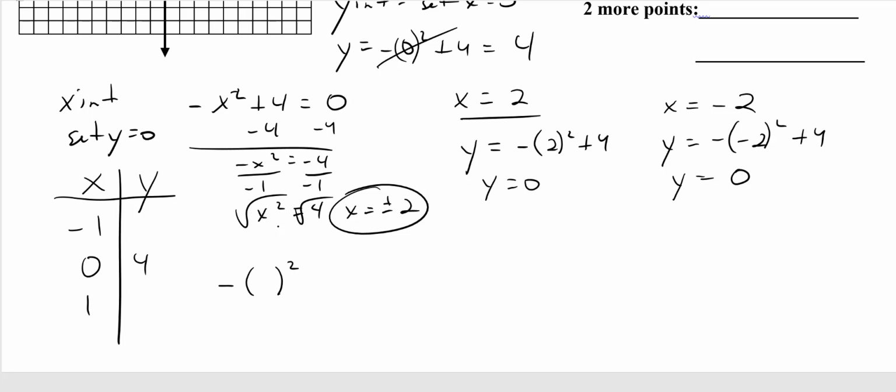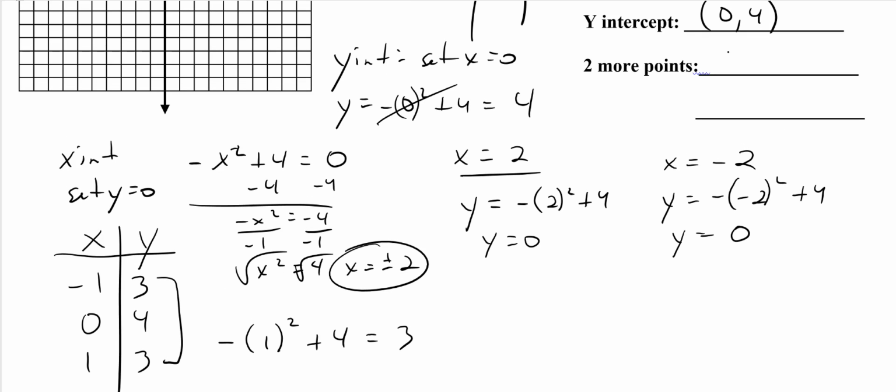Don't put the squared in there, just put a parenthesis. So if I put a 1 in there, 1 squared is 1, and that makes it -1. -1 plus 4 is 3. Remember, these are the same, so this is a 3. So those are my additional points, negative 1, 3, and 1, 3.